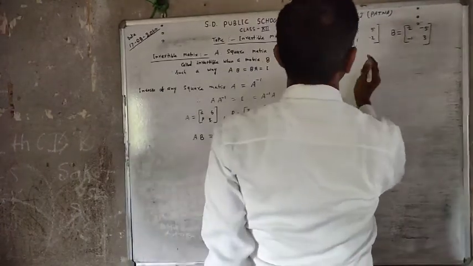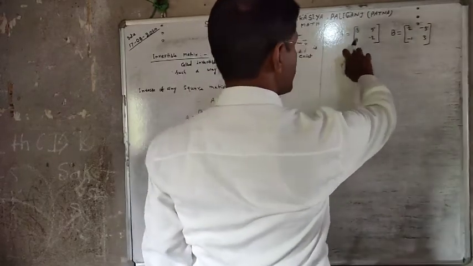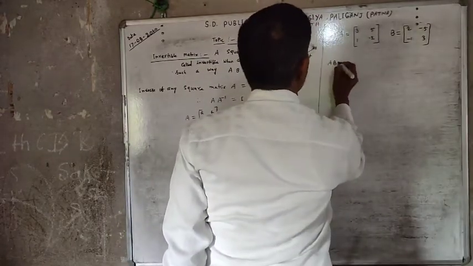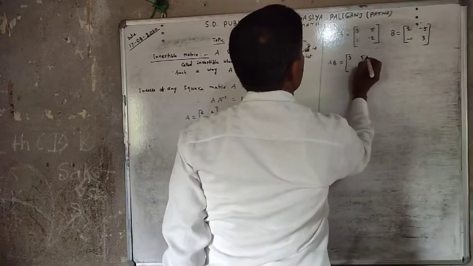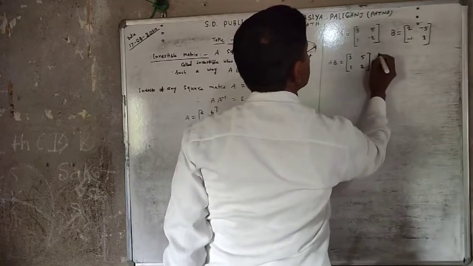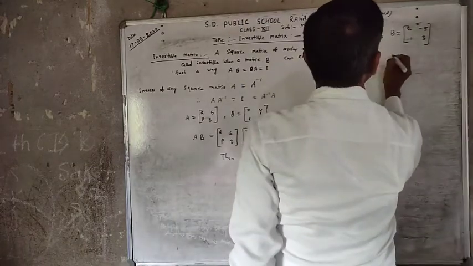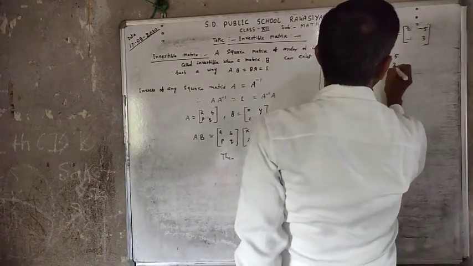We check whether B is the inverse of A. The product AB will be equal to 3, 5 and 1, 2 into 2, minus 5, minus 1 and 3.